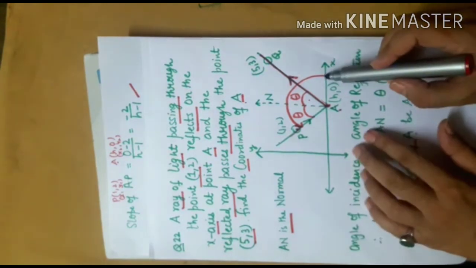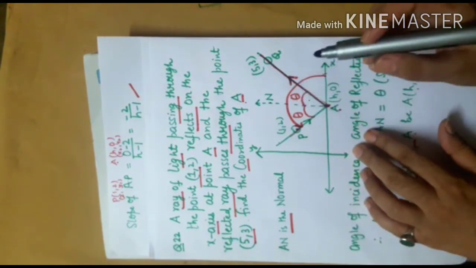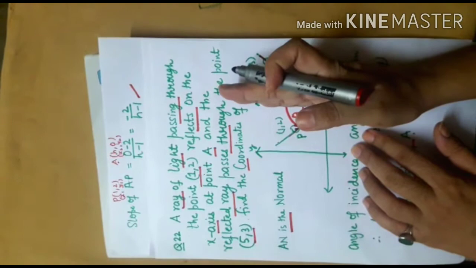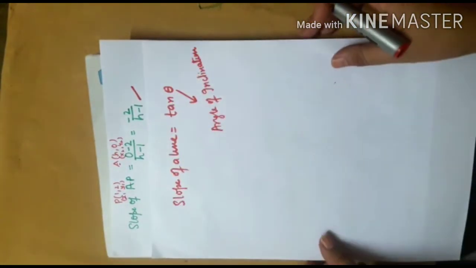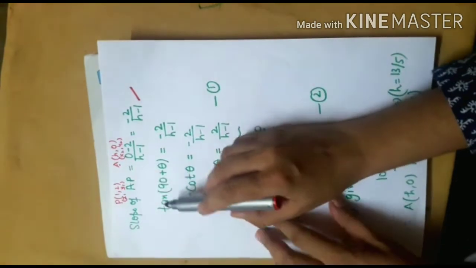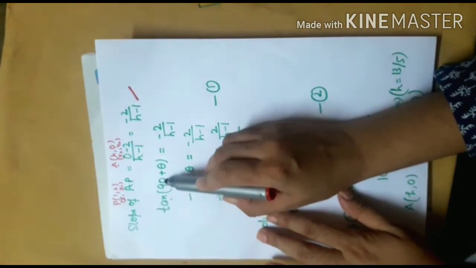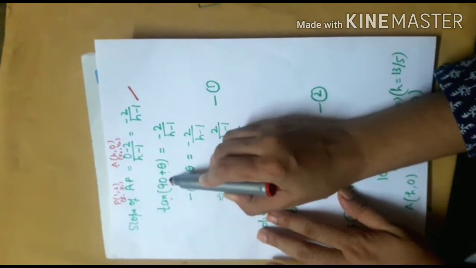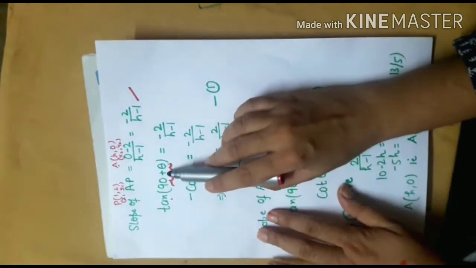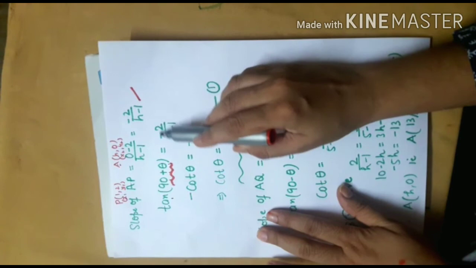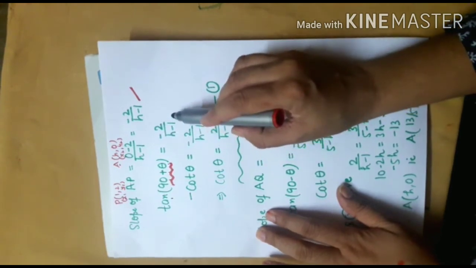So can I say angle of inclination will be 90 plus theta? So slope of the line AP will be given by tan(90 plus theta). This is the angle of inclination of AP. So this should be equal to minus 2 over h minus 1.